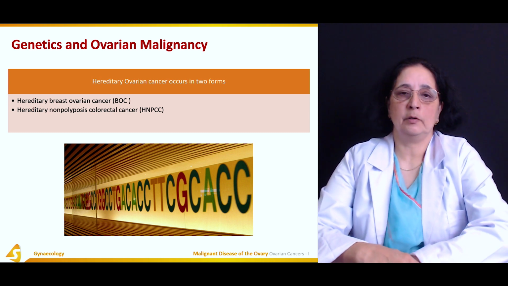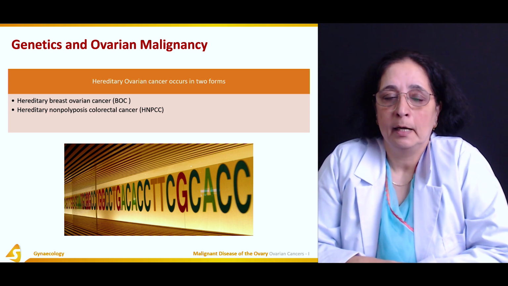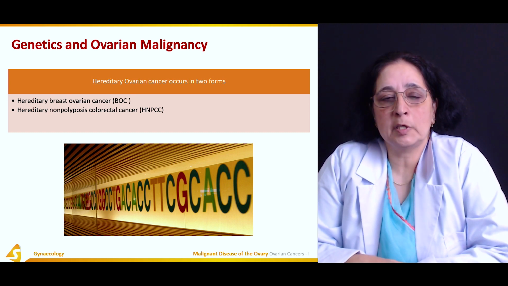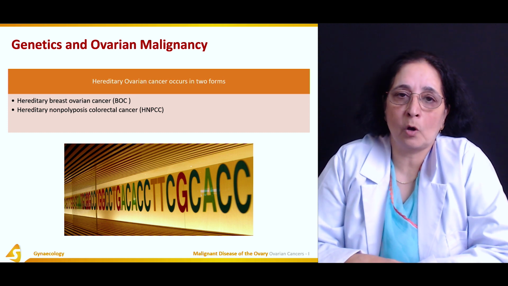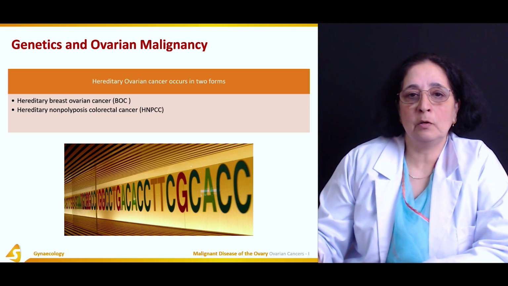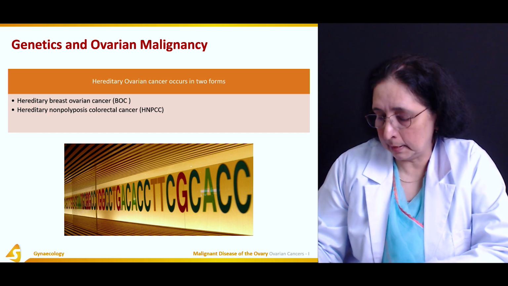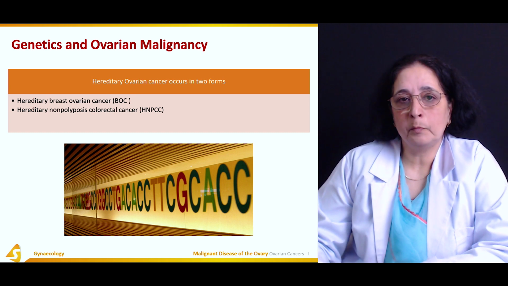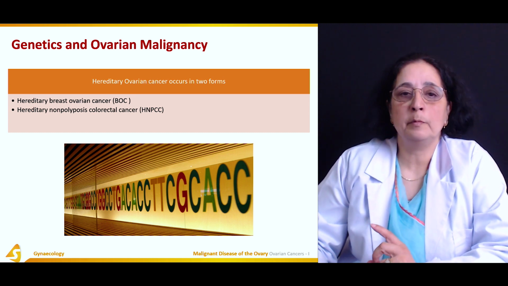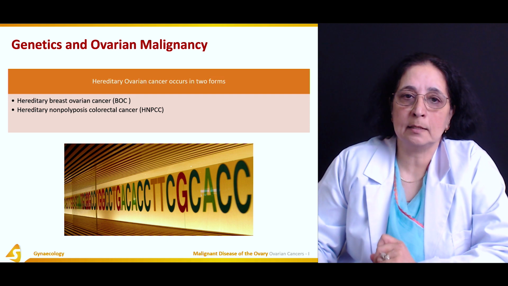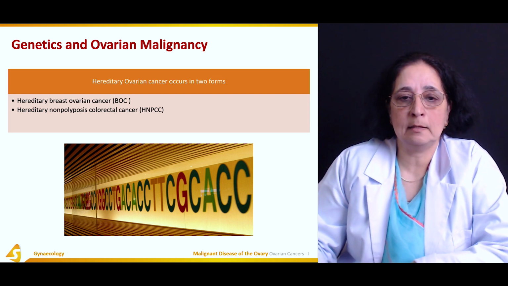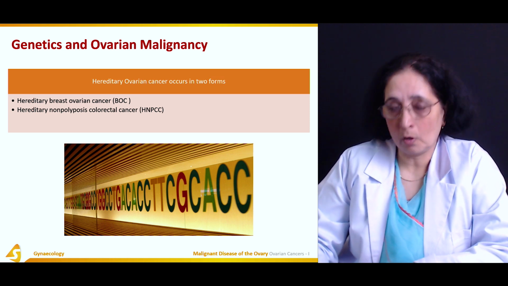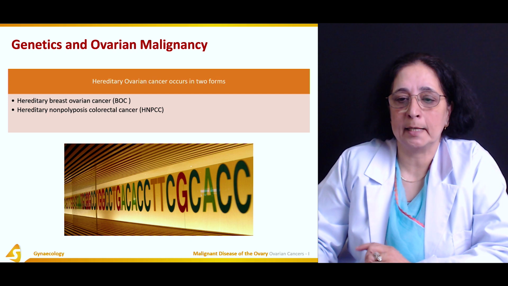One is hereditary breast ovarian cancer, and the other is hereditary non-polyposis colorectal cancer, non-polyposis meaning we don't have any polyps forming in the colorectal region. So there are two forms of hereditary ovarian cancer: one with breast cancer and the other with non-polyposis colorectal cancer.